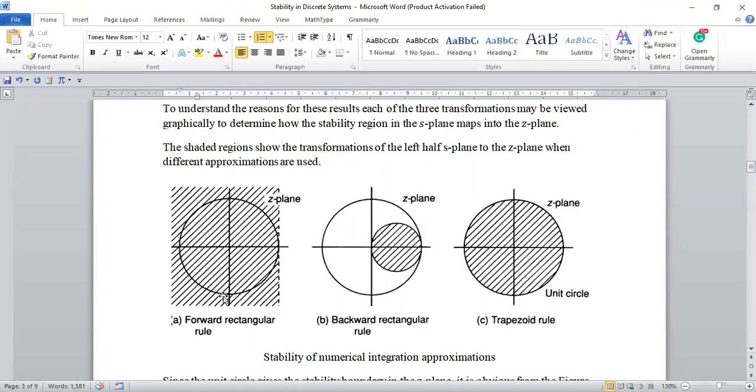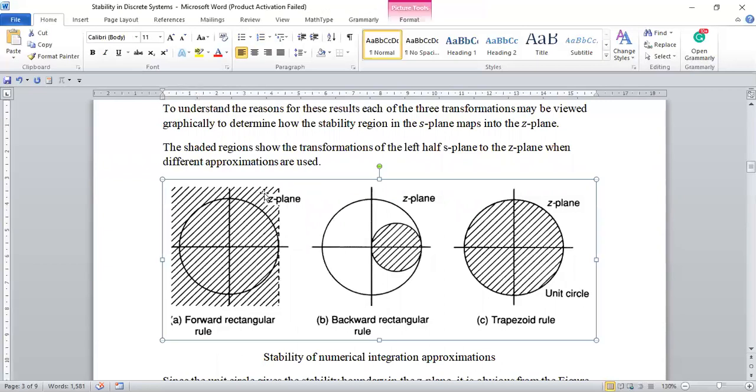So that's why for the forward rectangular rule, you can actually have stable poles in the S-plane, but in the Z-plane, it might translate to instability because this is the unit circle we are working with, but this is the range of this line. The shaded region is the range of the forward rectangular rule. So that implies that it includes unstable portions also.